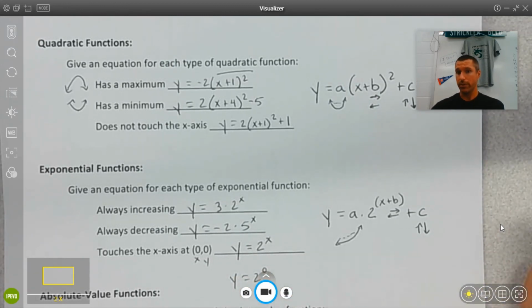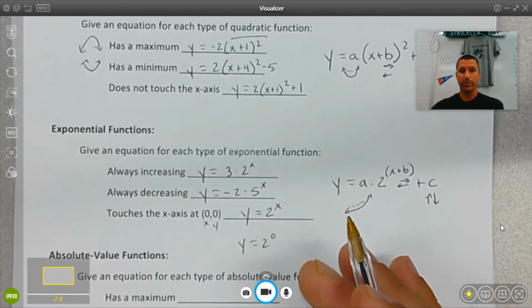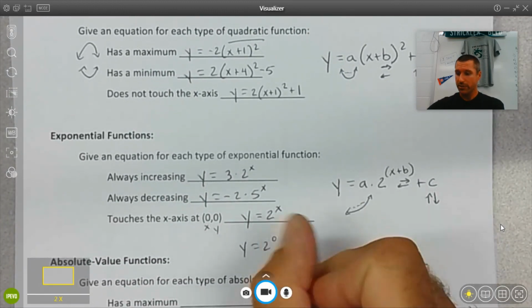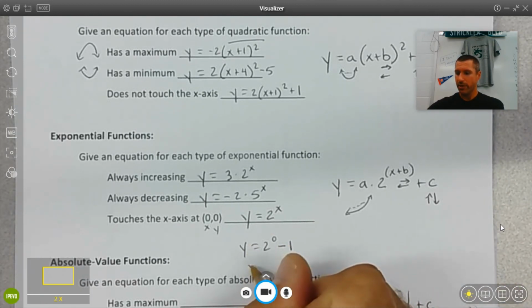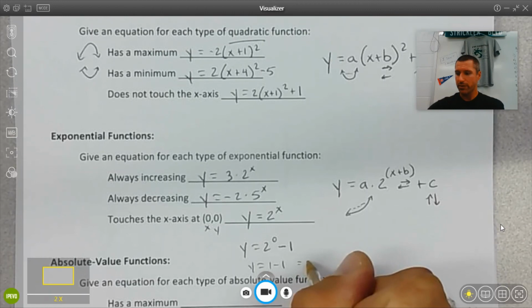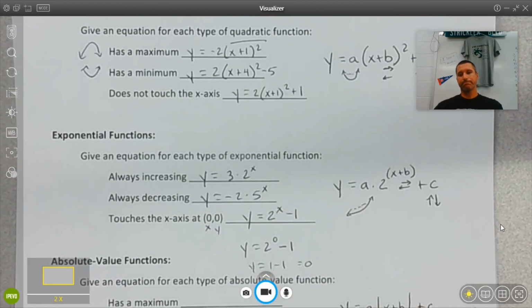Right, that's 1. Okay, so if this is 1, that's not the desired output we're looking for. We're looking for that to be 0. So you'd actually have to subtract 1 off of this function to get this to be y equals 1 minus 1, which y is 0, which is the desired output. So you're going to have to minus 1 from there. Okay? So you have to just kind of reason through it.